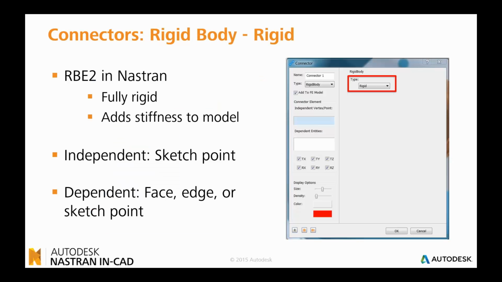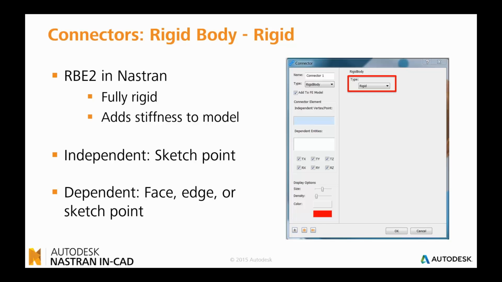Another connector, and this is one that's used more commonly, is the rigid body connector, and there's 2 forms of using the rigid body connector. There's one using the rigid option, which we'll talk about here. This is what's referred to as RBE2 in Nastran. It's fully rigid, but as a result of that, it adds stiffness to the model, and you need to take that into account when working with this type of connector.